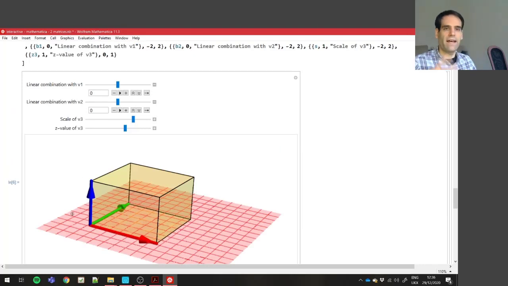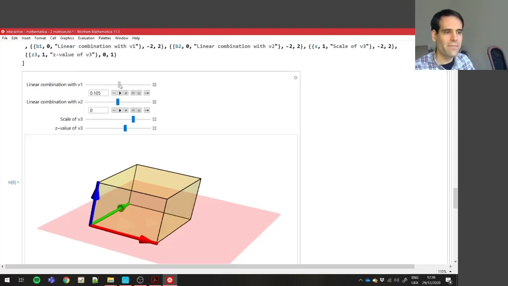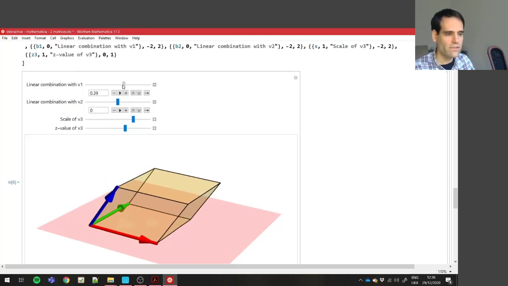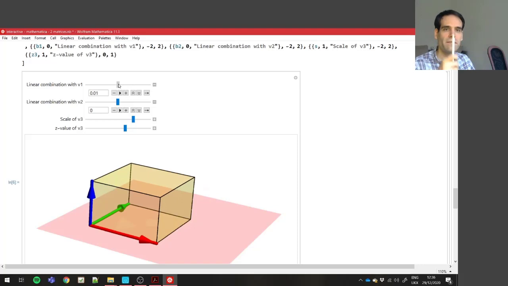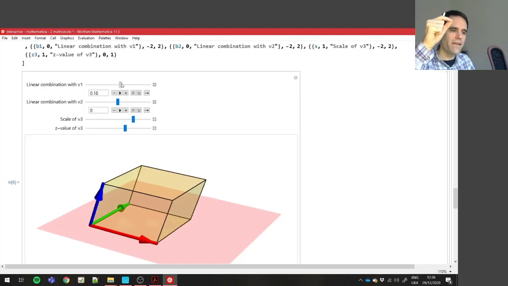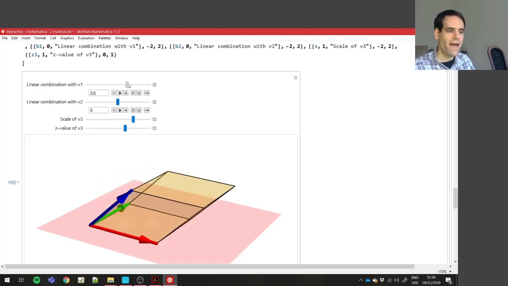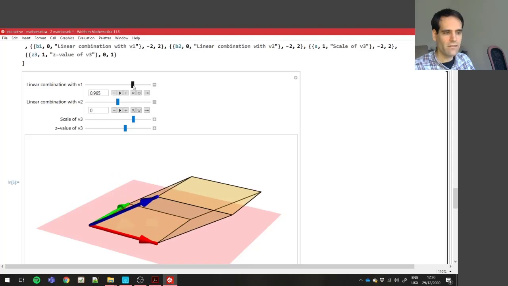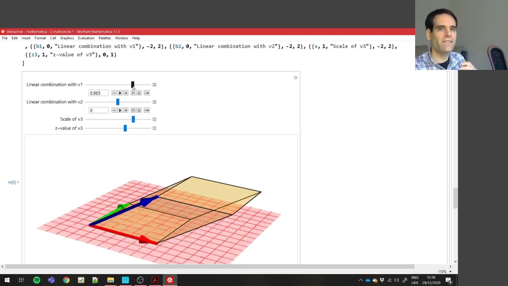So we have like a cuboid, and the volume of this cuboid is just the product of the lengths of the vectors. Now to the blue vector, I'm going to add a linear combination of the red vector. You notice that I'm moving the tip of the blue arrow in the direction of the red arrow. So I'm adding to the blue vector a linear combination of the red vector.